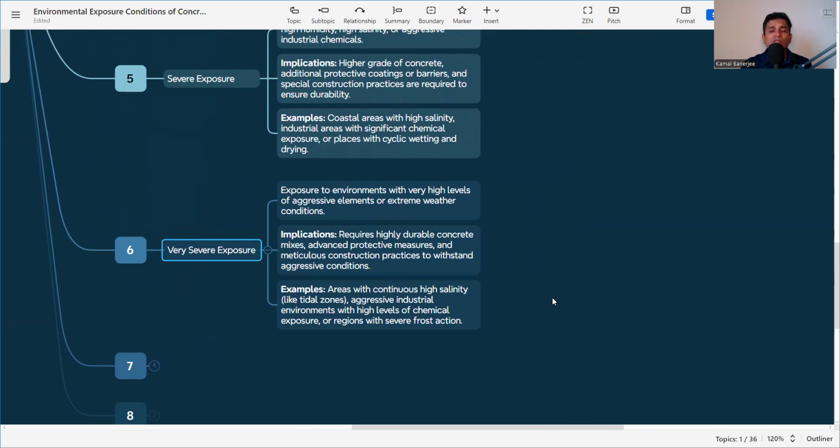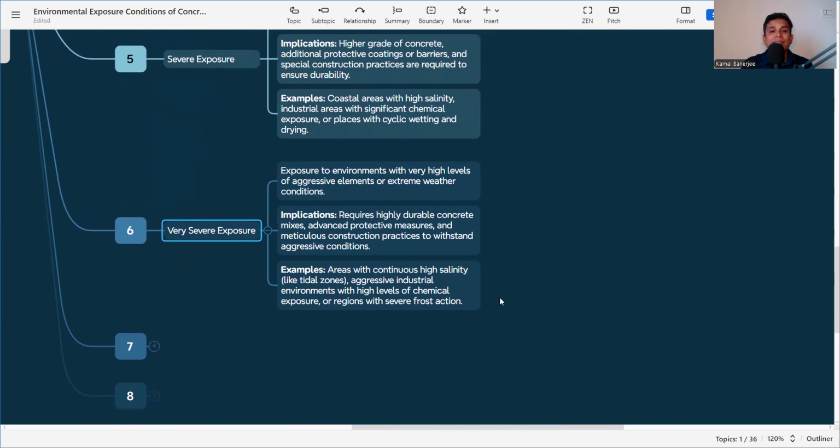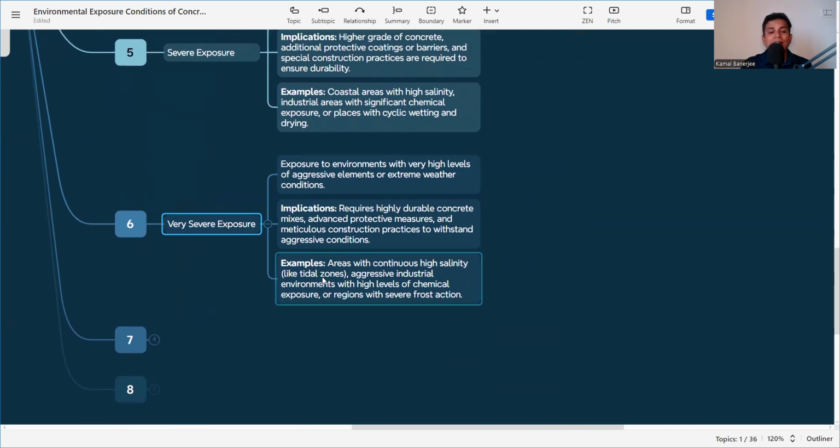So a very meticulous method to be precise, grade of concrete to be more, and we need to protect the concrete to avoid any type of contact with harmful chemicals and waters. For example, areas with continuous high salinity like tidal zones, aggressive industrial environments with high levels of chemical exposure, or regions with severe frost action.